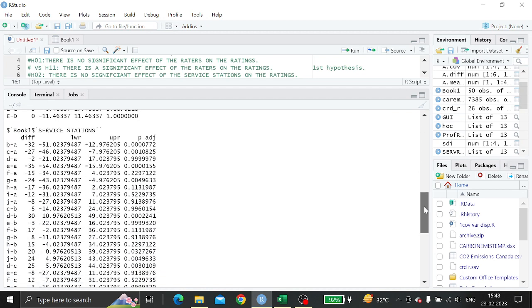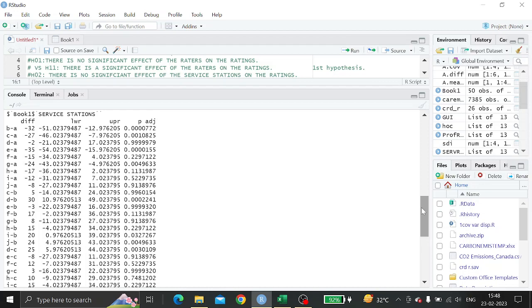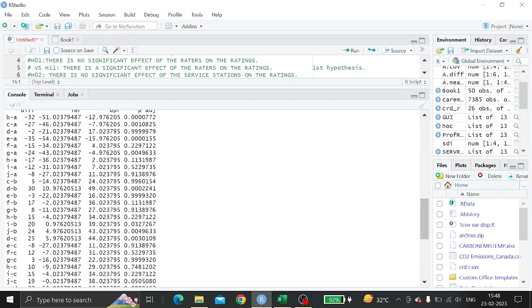Now for the service stations, it also does a similar pairwise comparison test, and from this we can conclude which of the pairs differ, have a significant difference among them. So just have a look.